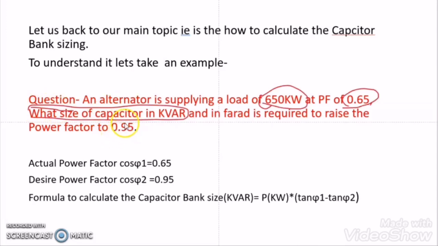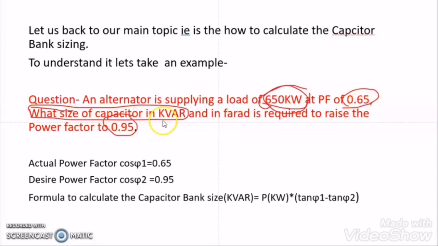In our question, we have to calculate the capacitor to improve the power factor for a load of 650 kilowatt. So what is our question? The question is, an alternator is supplying a load of 650 kilowatt at power factor 0.65.